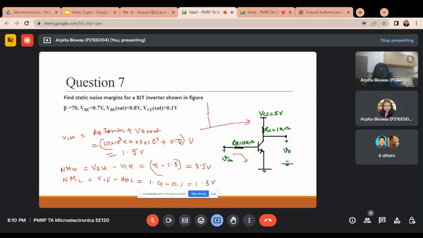Here, what is the value of V input low? 1.4, and V input high is 1.5. So only 0.1 volt is the active region. This is cut off, and this is saturation.